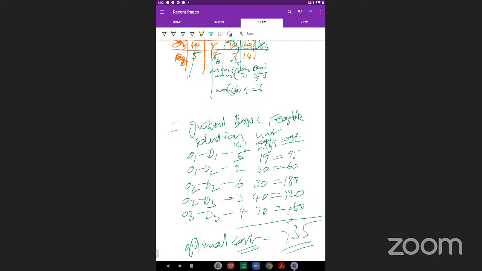Five into 19, 2 into 30, 180. Means here how much is it? 9 here, 90 here, 10, 18, 19, 20, 24, 31, 12, 25, 6, 7.